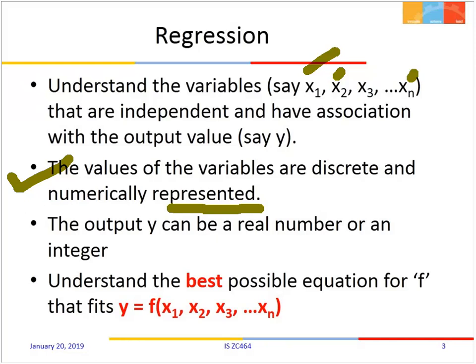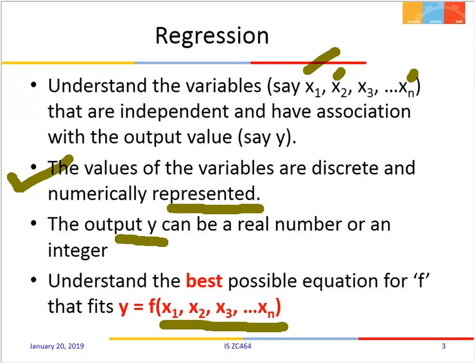So the output y can be a number, a real number, or an integer. Fine. So here we have to see that this output y must have its relationship built with the variables x1 to xn.